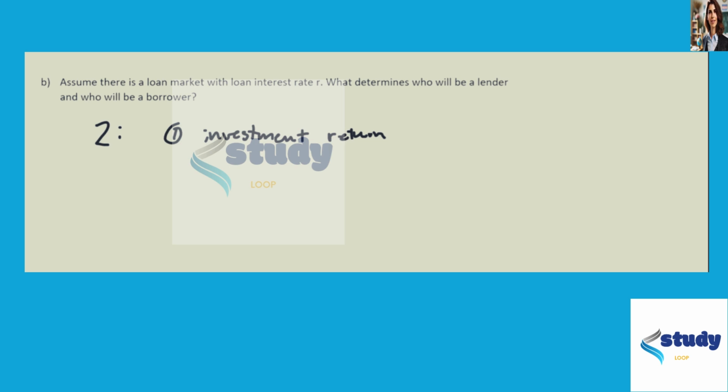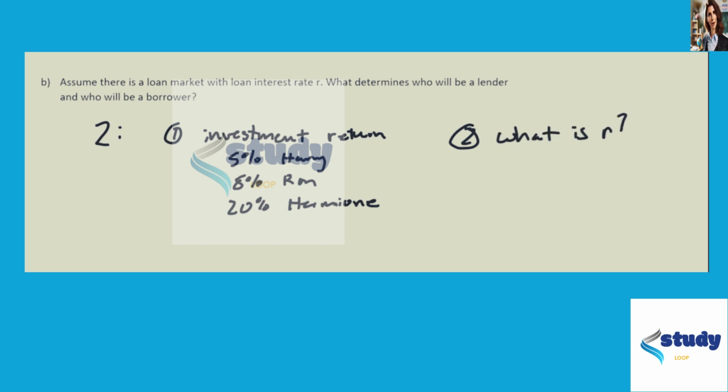We were given that in part A: it's 5% for Harry, 8% for Ron, and 20% for Hermione. The second piece of information is the rate at which the funds can be lent and borrowed, which is R. So the investment return and R are the 2 relevant pieces of information for who will be a lender and who will be a borrower.